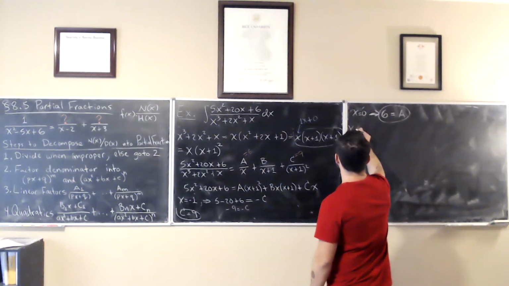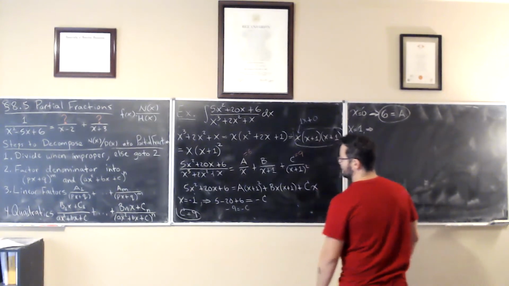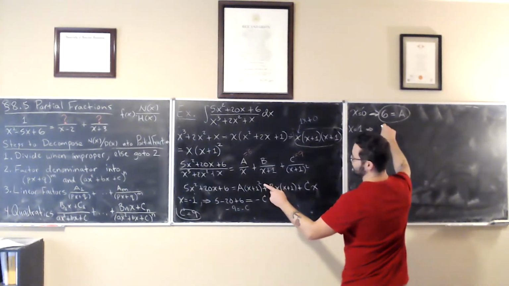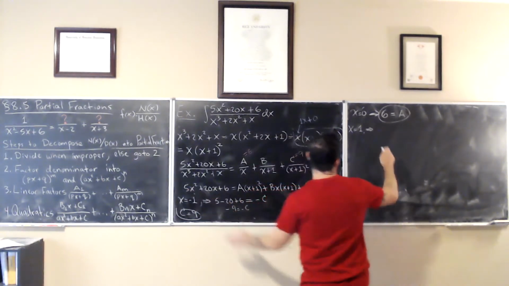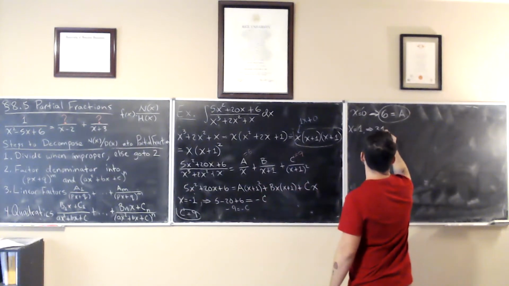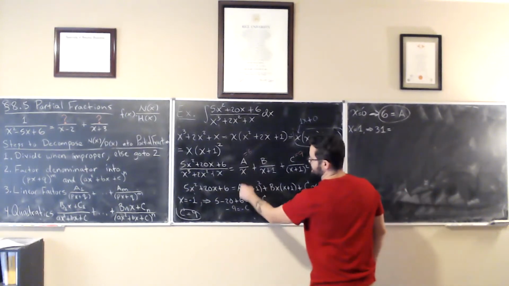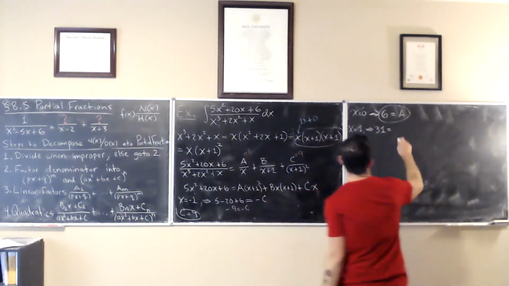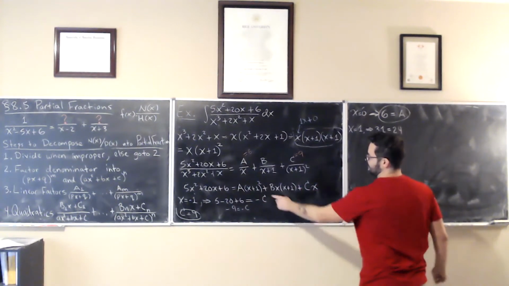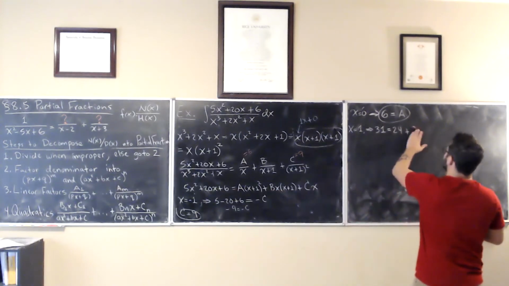So if x is equal to 1, then we have 5 plus 20, so 25 plus 6 is 31, which is equal to A is 6, and this would be 1 plus 1 is 2, squared is 4. 4 times 6 is 24, plus B times 2, so 2B.